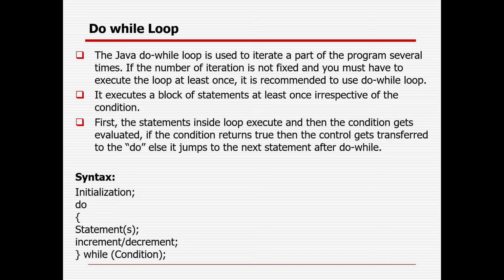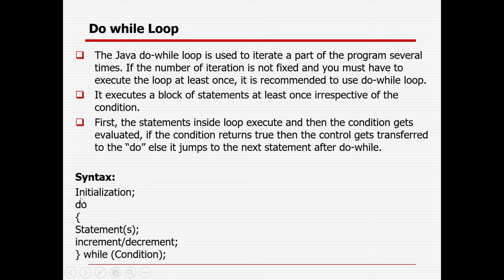At the end of the day, you need to close your browser, so you can use the do while loop so that your browser will be closed, though your condition is not matching. So we execute a block of statements at least once irrespective of the condition. First the statement inside the loop executes and then the condition gets evaluated. If the condition returns true, then the control gets transferred to the do part, else it jumps to the next statement after do while.